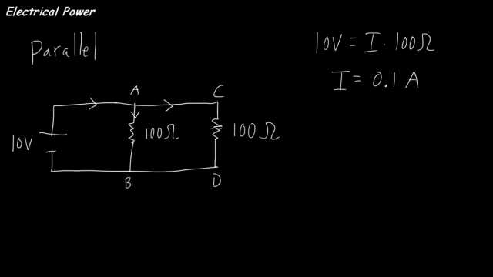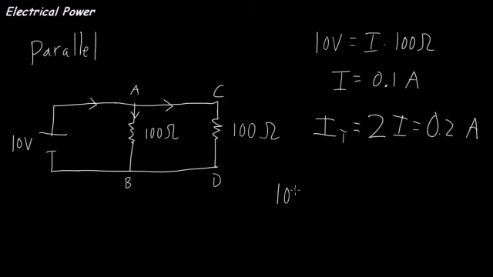The exact same formula works for this resistor. So if my total current is equal to the current passing through this plus this, it's 2I, which is 0.2 amps. So here I have 0.2 amps, and again I can figure out the effective total resistance.